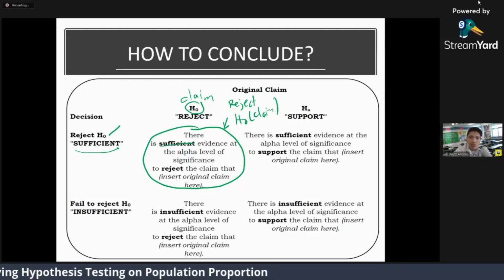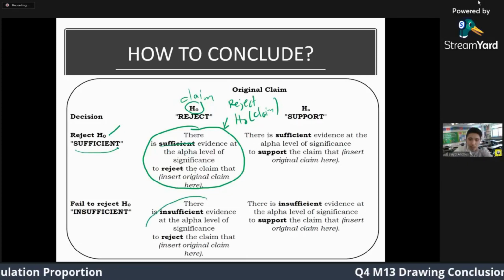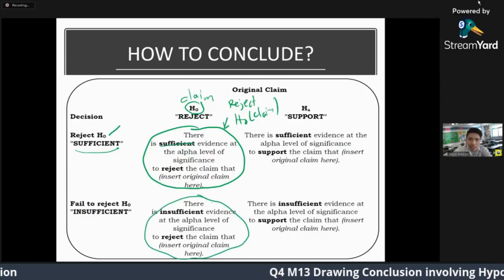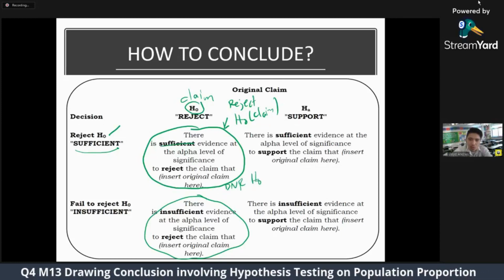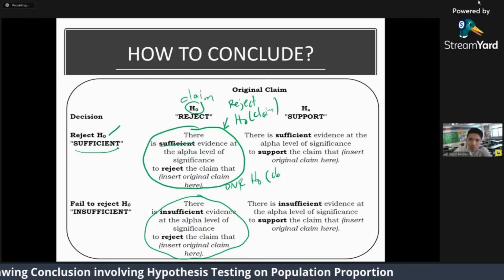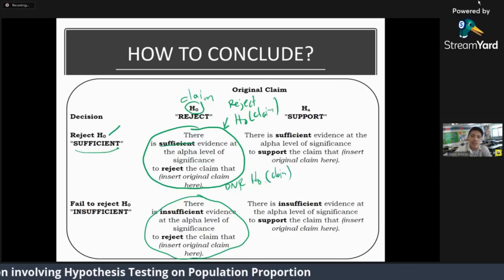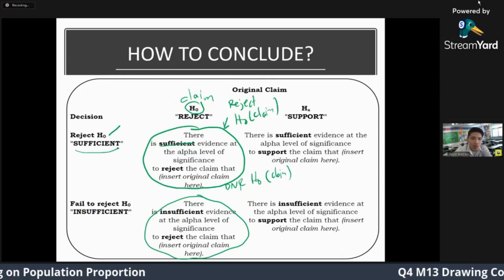What about same gyapon? Kani is, you do not reject HO na claim pod ang HO. Again, this time, claim si HO gyapon, pero ang decision nimo is do not reject.